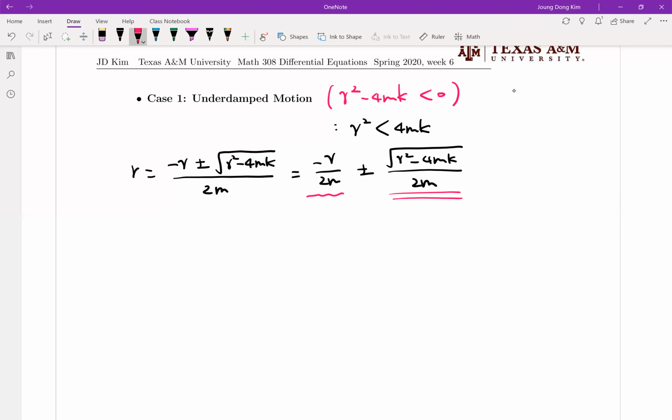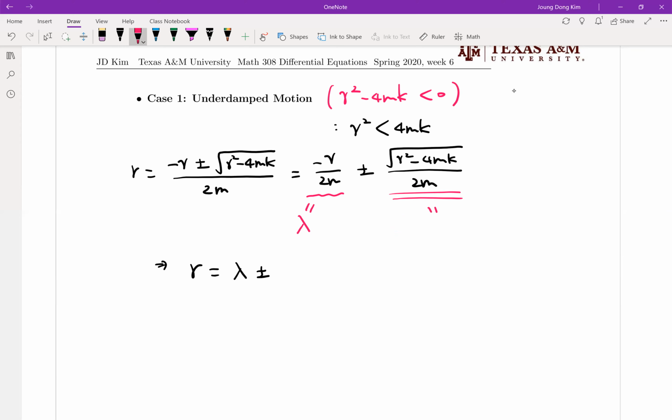For my convenience, let me say this is lambda, which is the exponent, and this is mu, which will be the sine and cosine part.